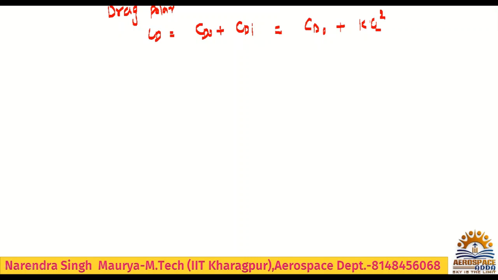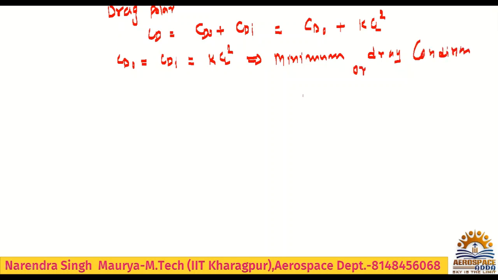So from here you can understand that for minimum thrust required or minimum drag condition, CD naught is equal to CDI, and this CDI is nothing but K CL square. This is the one very special case when the minimum drag condition will be there, and this will be the value for minimum drag.